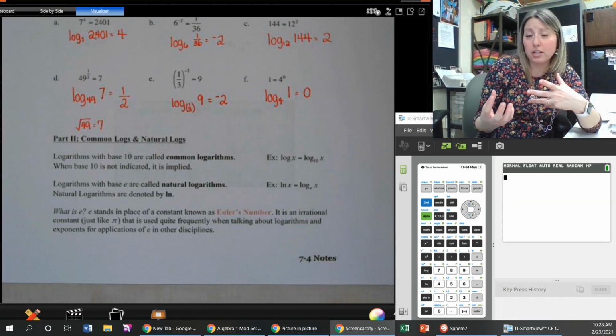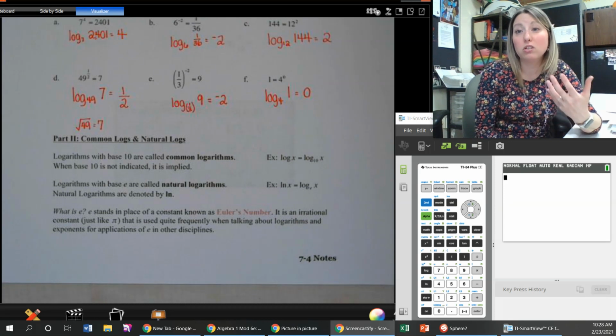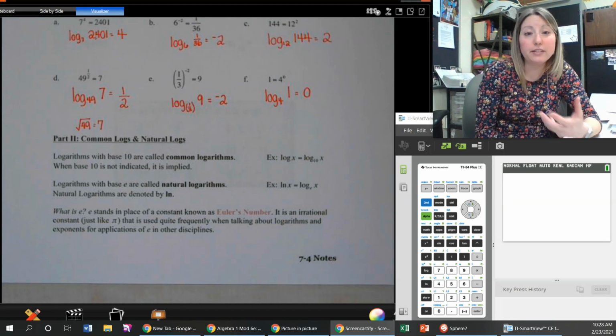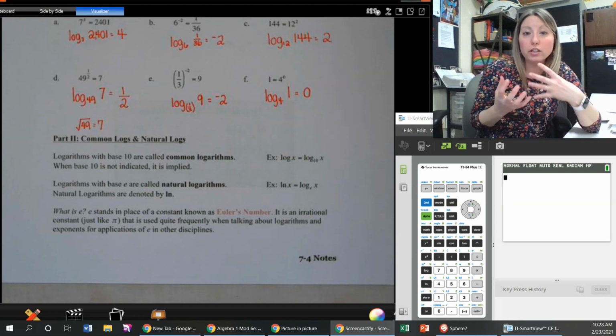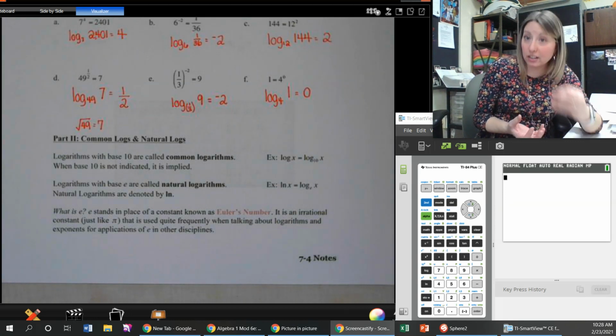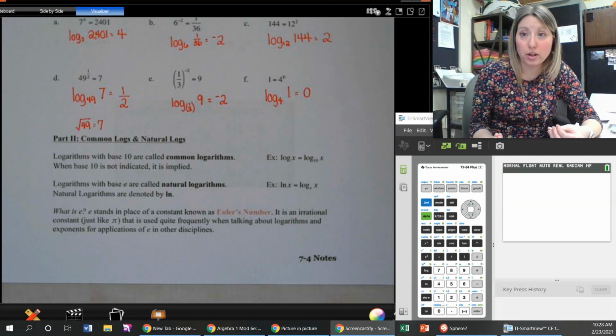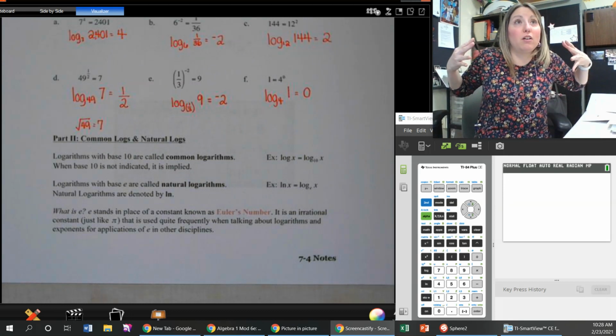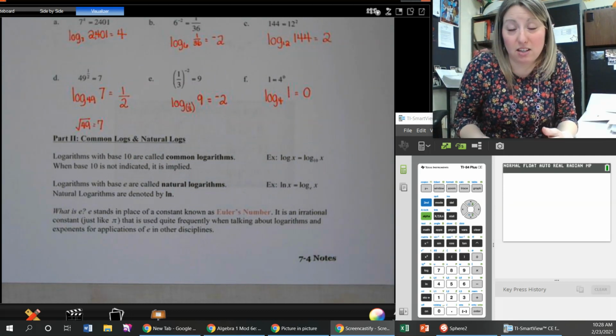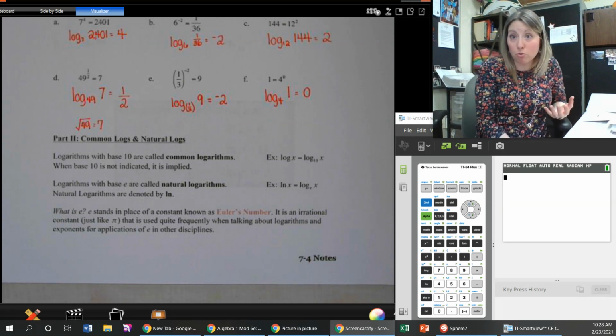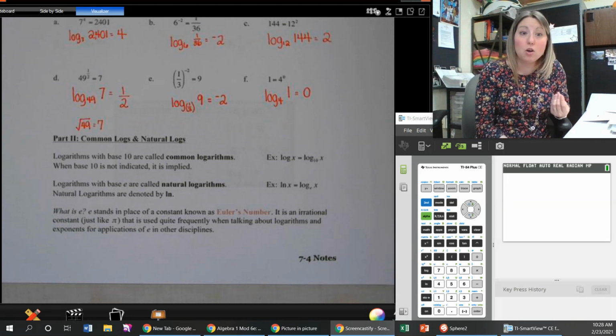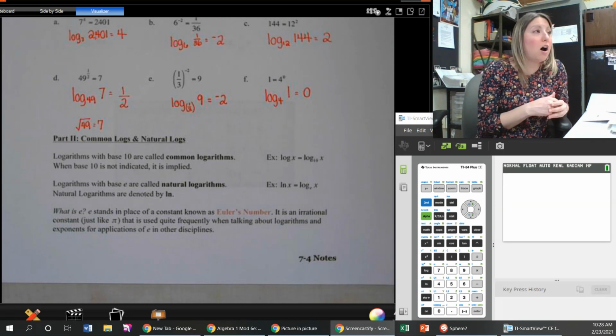That is a non-repeating, non-terminating decimal. So is E. E is an irrational number. But it turns out that there are really frequent applications in logs and with exponents that go towards E. A lot of times used in interest formulas, okay, where we use E a lot.